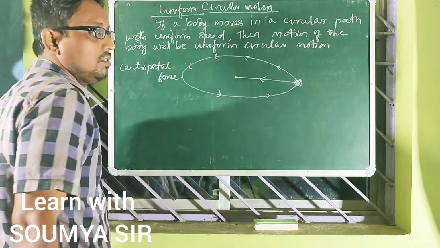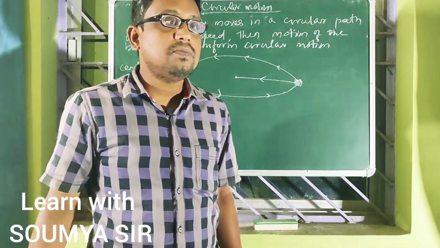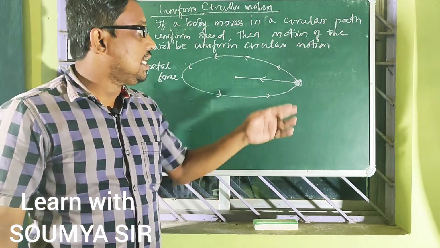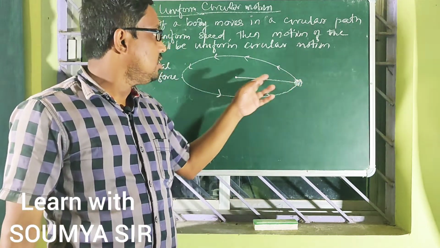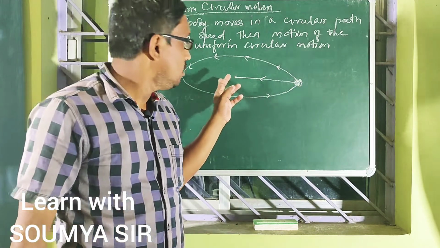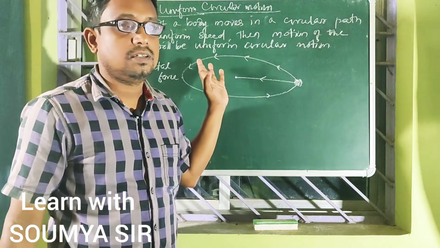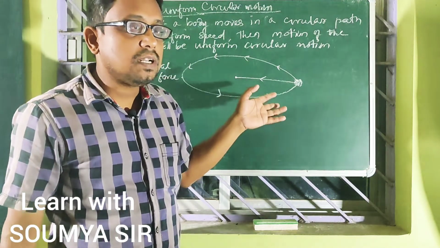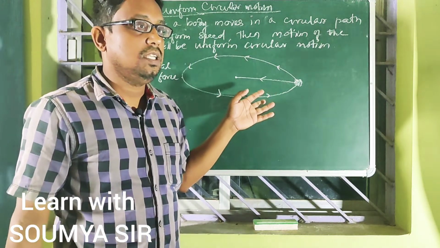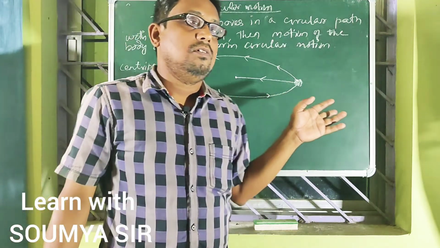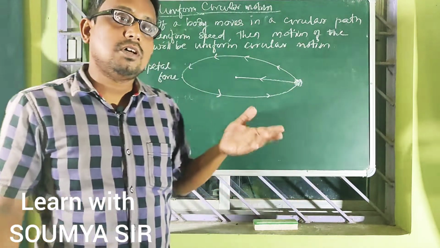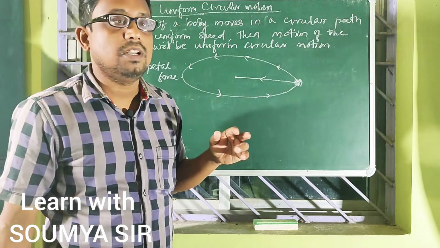Centripetal force is the force which acts along the radius of the circular path. Just see, this is the radius of the circular path towards the center. That means the centripetal force acts on the body and pulls it towards the center of the circular path.